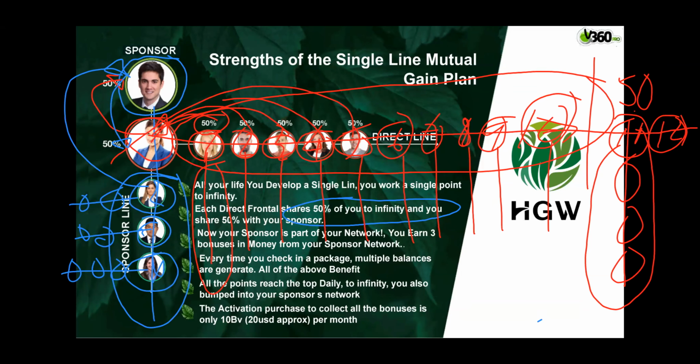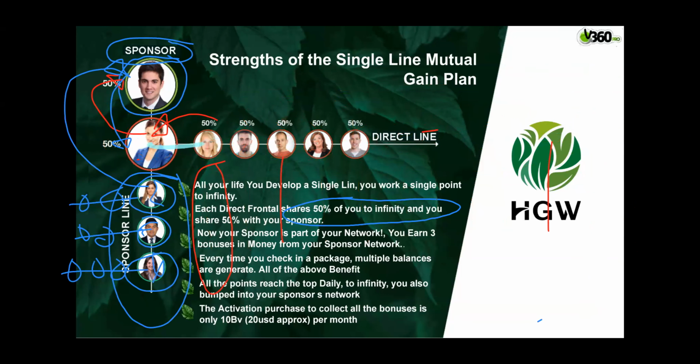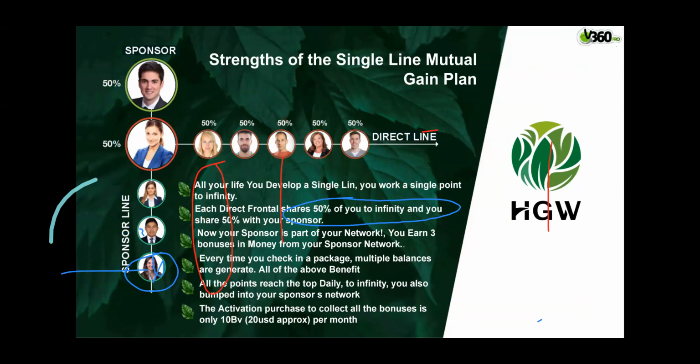From your sponsor, from you, very important, and from every one of your direct liners, every one of your frontals. 3 ways to generate the personal sales bonus. Now we're going to see it in a graphic. Listen.